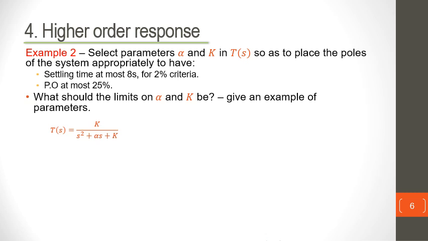What should the limits on alpha and k be to give us this behavior?